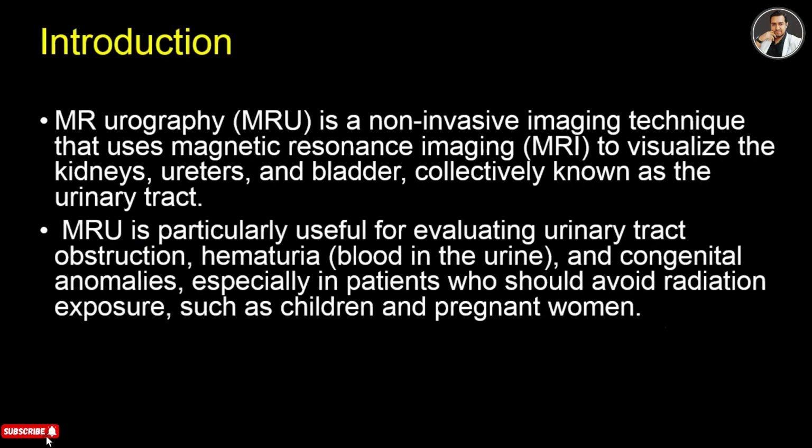Hematuria means blood in the urine, and congenital anomalies, that is the birth defect of the KUB region, especially in patients who should avoid radiation exposure, such as children and pregnant women.